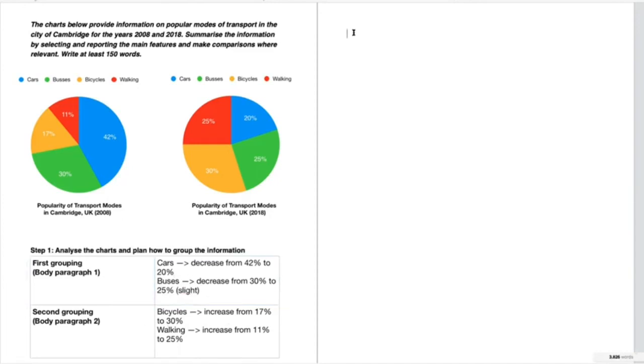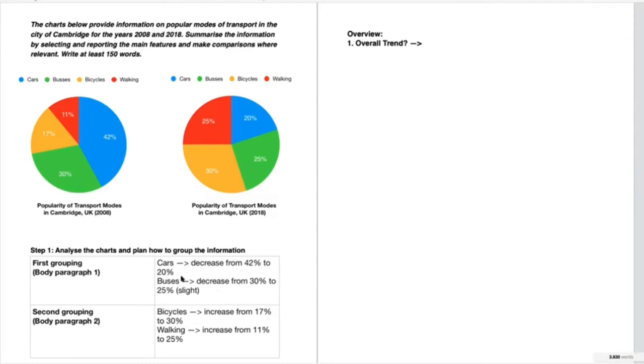Now, before we actually start writing our essay, remember we have that additional step, which is looking at the overall trend. This is for our overview paragraph. We have to understand what is the main point, not really looking at specifics, but the overall information in this area. Basically, we can see that walking and cycling became more popular with time, and cars and buses became less popular between the years 2008 and 2018.